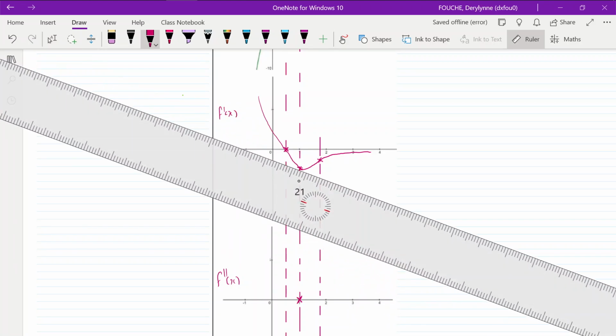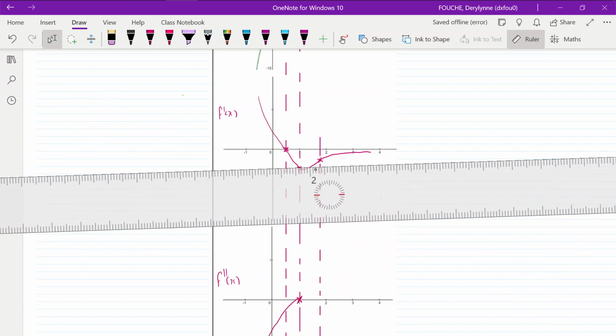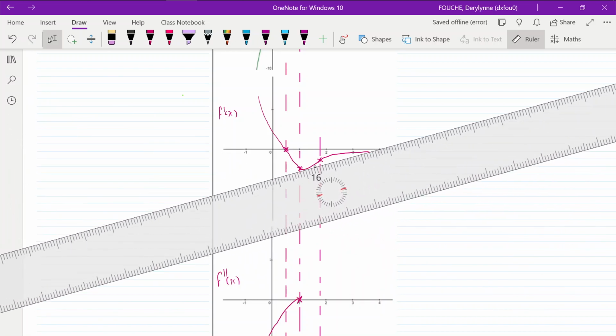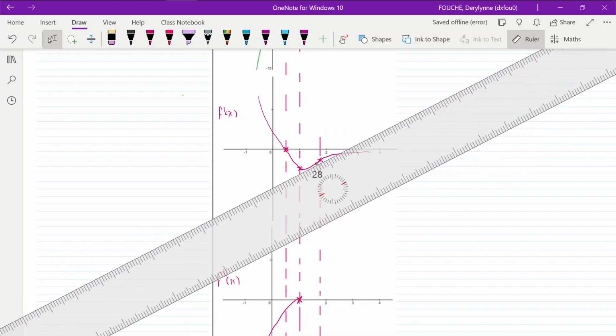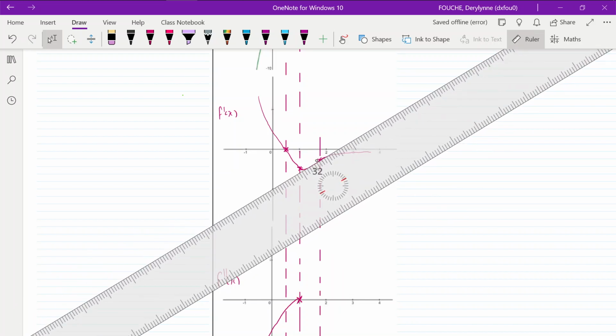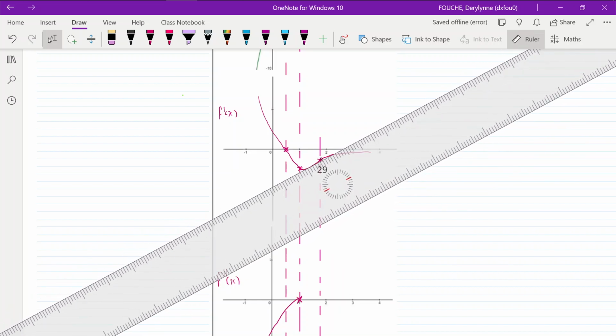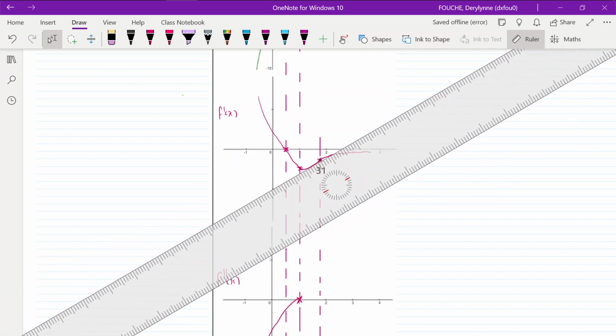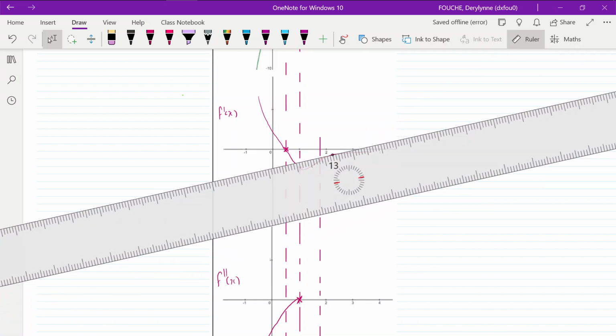Okay, so I'm going from very negative to less negative to 0. And then I've got positive gradients, but at some point, at my point of inflection, they're going to go from getting more positive to getting less positive. So that means I need to have a maximum positive gradient over there, and then they get less positive again.